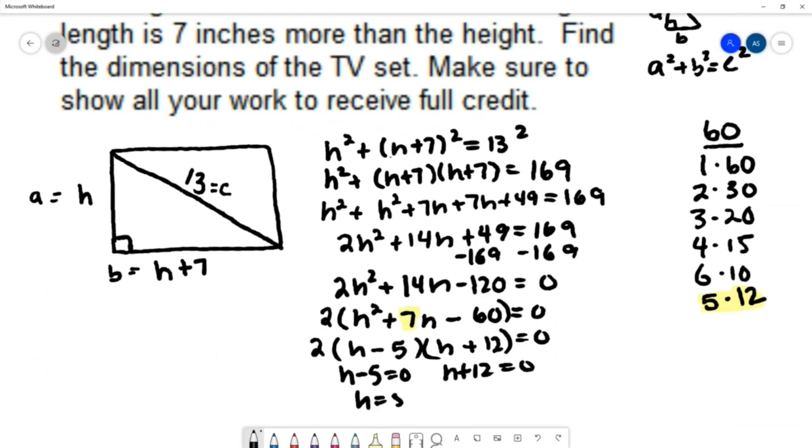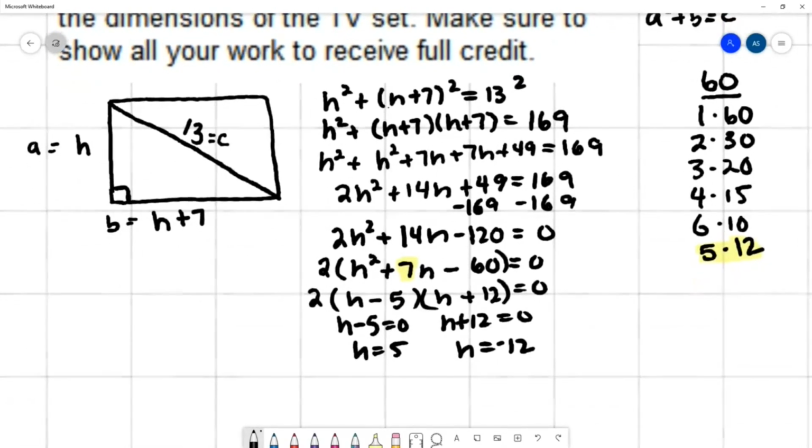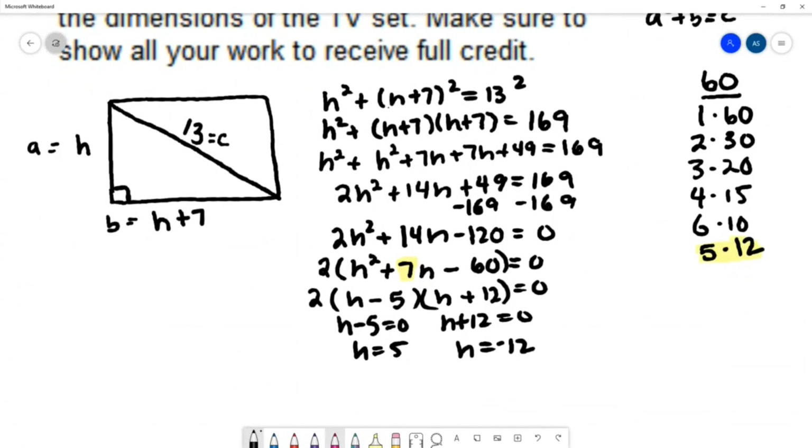And I get h equals 5 and h equals negative 12. Now in the context of this problem, having a negative number for the height doesn't make sense, so we can exclude this one. So we're going to use a height of 5.